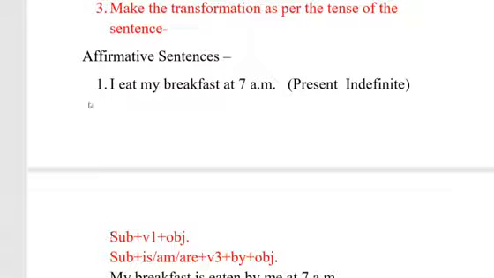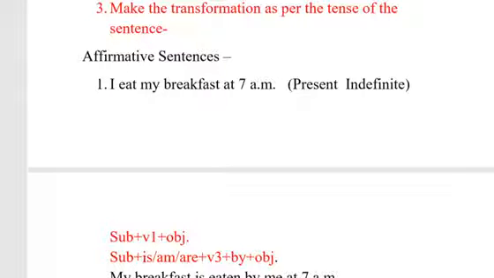Okay, I'll read the sentence. I eat my breakfast at 7 a.m. I is the subject, eat is the first form of verb, and my breakfast is the object. When we transform this sentence into passive, this portion of the sentence as an object will move to the front, my breakfast, and will become the subject.